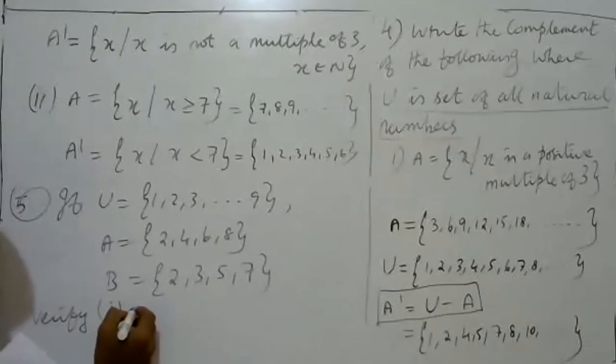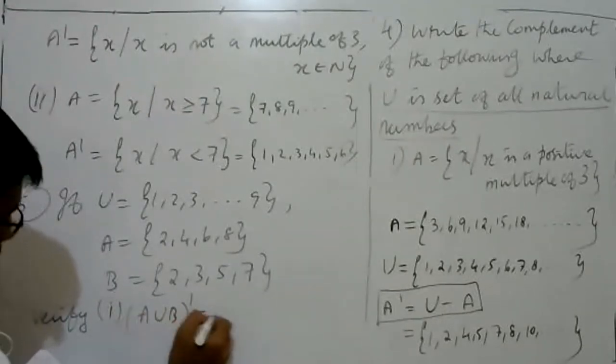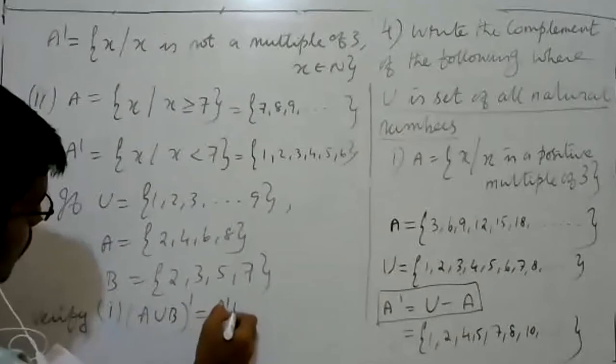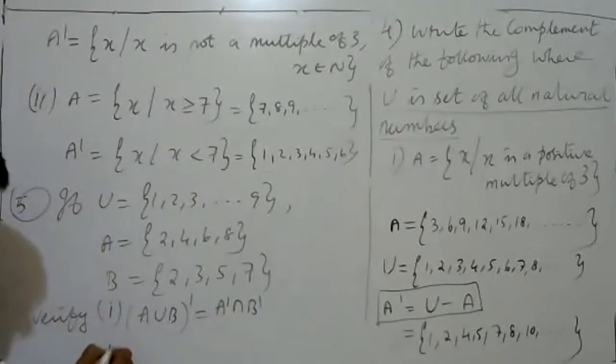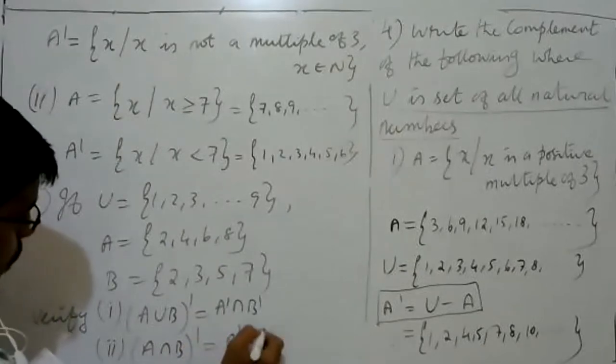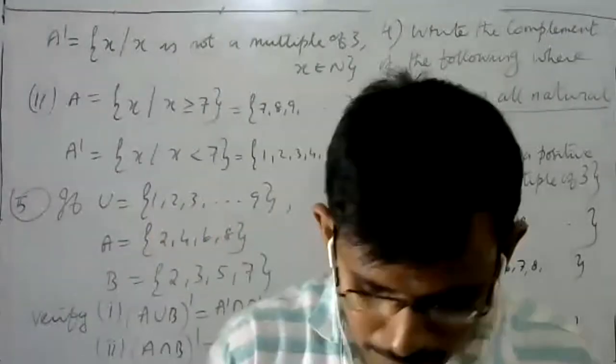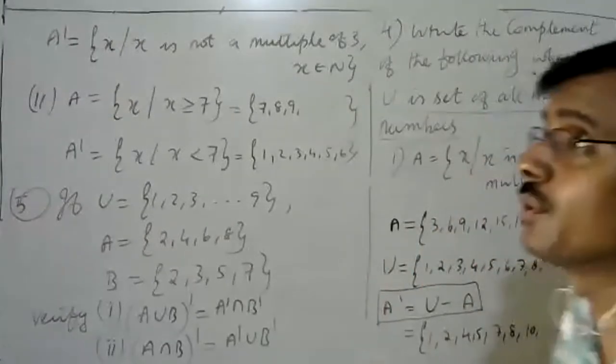First, A union B the whole complement is equal to A complement intersection B complement. Second, A intersection B the whole complement is equal to A complement union B complement. These two results we are going to verify.